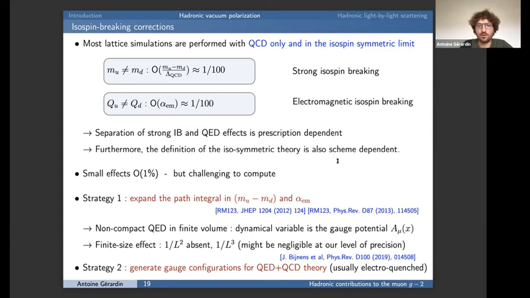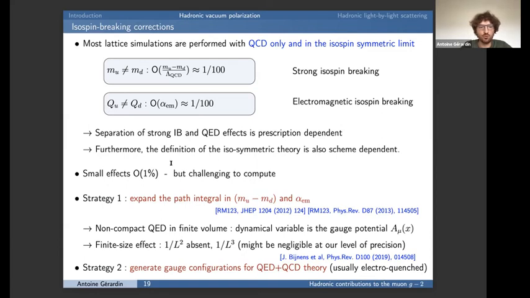So at the end, it's important that collaborations agree on what is called isosymmetric QCD and how to include QED corrections and isospin breaking effects in a consistent way.